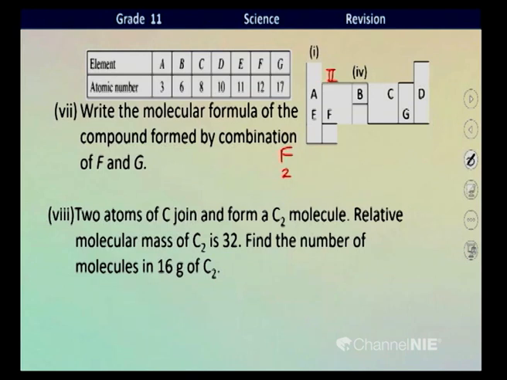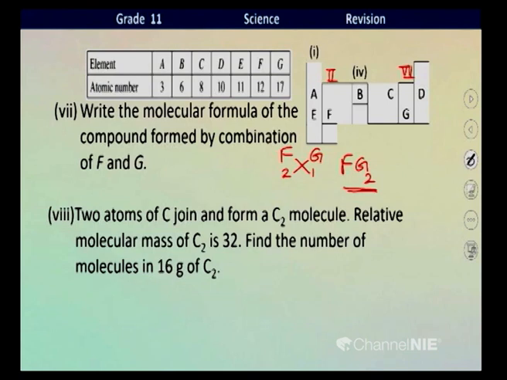G belongs to group 7, so valency of G is 1. Then the formula is formed by exchanging their valencies. Therefore, the formula must be FG2. This is the formula. Right. Now go to the next question.